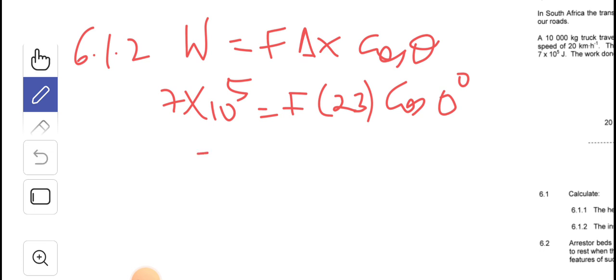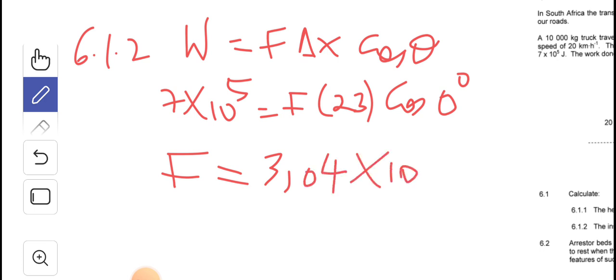If we solve this, F will be 3,04 times 10 to the fourth power newtons. So this will be the driving force, the applied force.